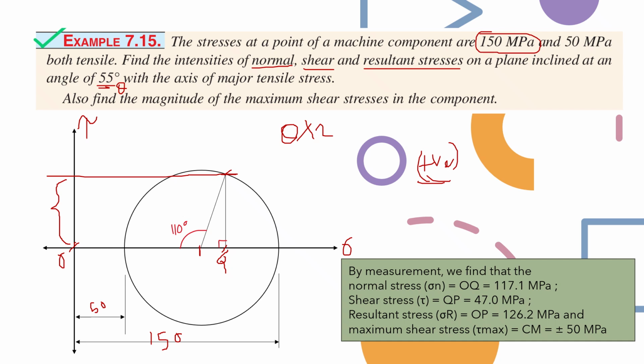And for determining the magnitude of the maximum shear stress, the maximum shear stress will be at this point. If we actually see on the graph, this is the maximum point in shear stress, and this is the minimum in shear stress.